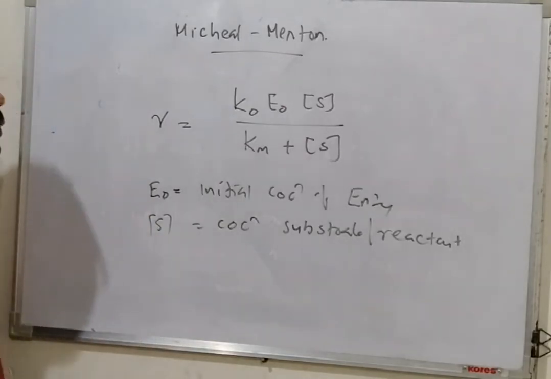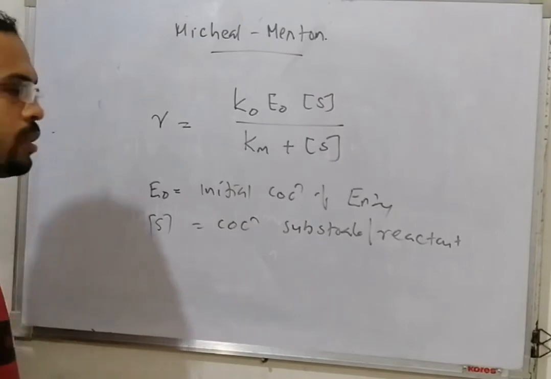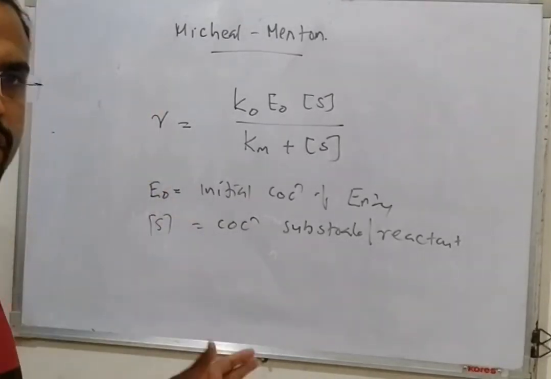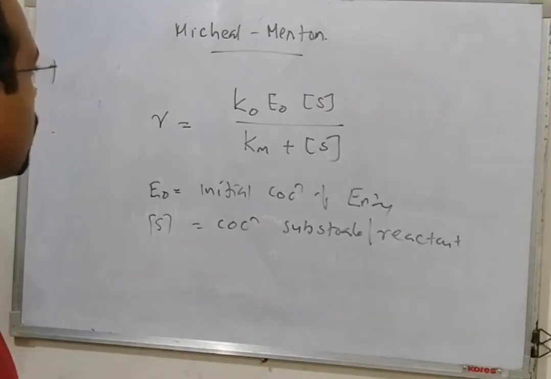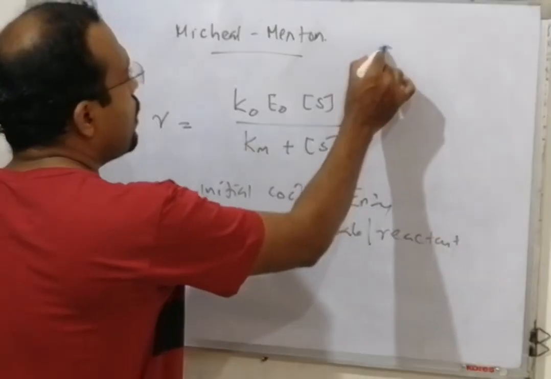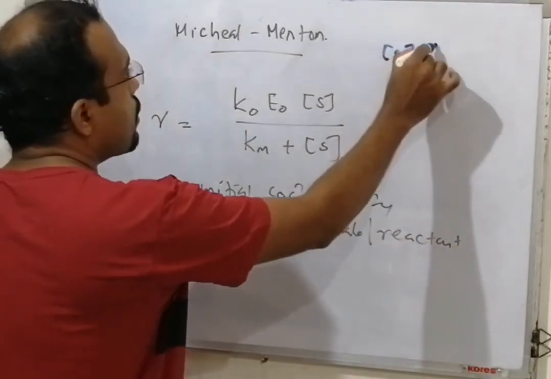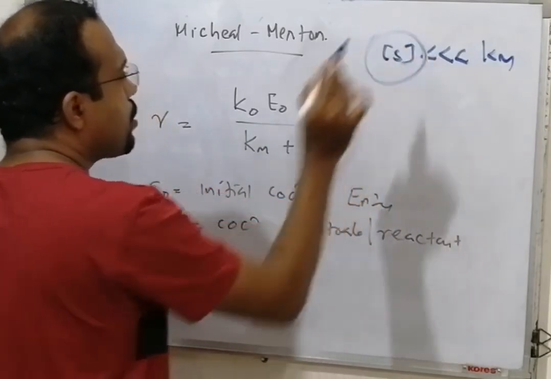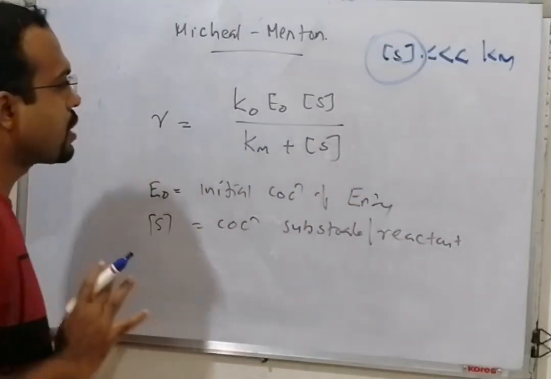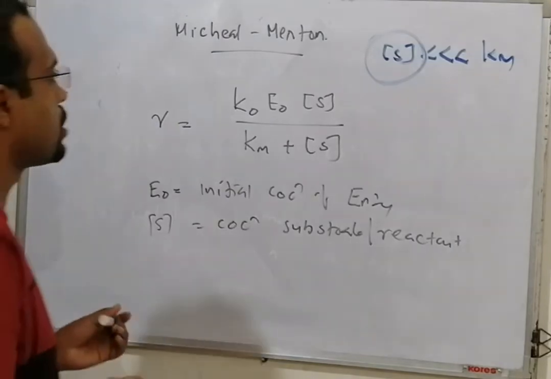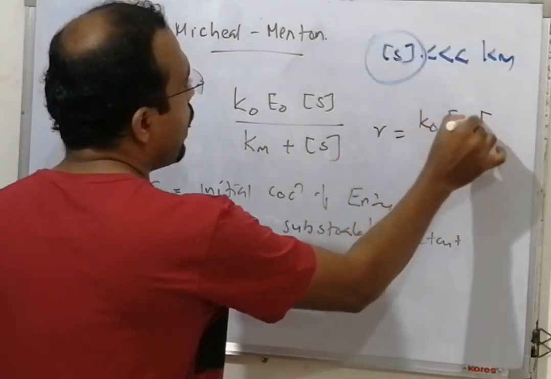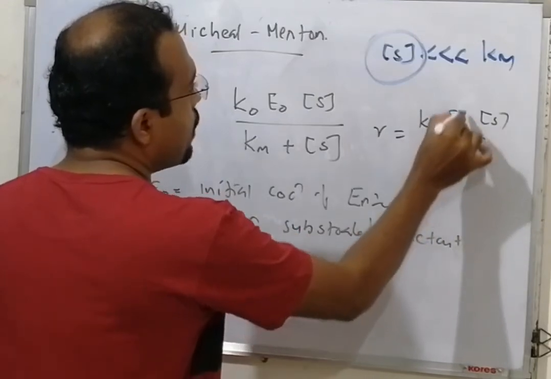Okay. Now, just for more understanding, you might have this equation in questions. There are some questions from JAM examination like that. When the substrate concentration is very less, therefore, R is equal to K0 E0 S divided by Km. These all are constant.